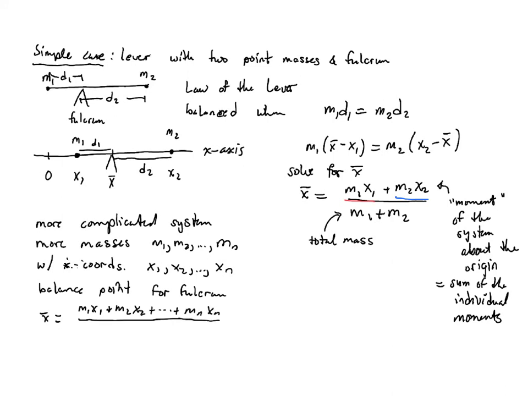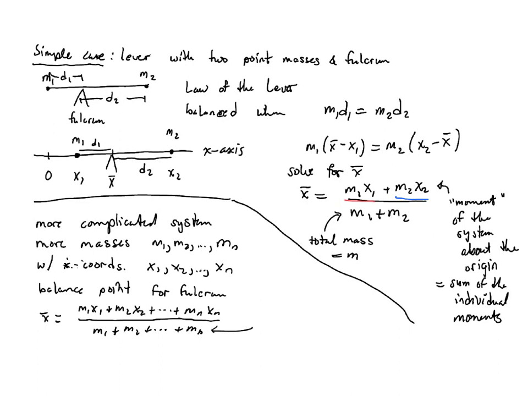Right? So similar to the formula we had in the case of 2 point masses, we take the sum of the individual moments in the numerator of the expression and then the sum of the individual masses in the system in the denominator. And we will frequently denote by m, as we did on the previous page, the total mass in any situation.